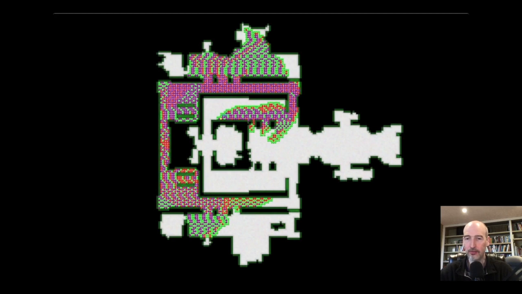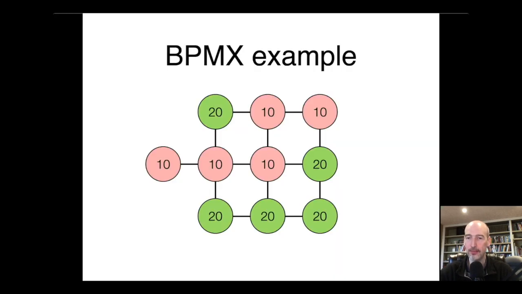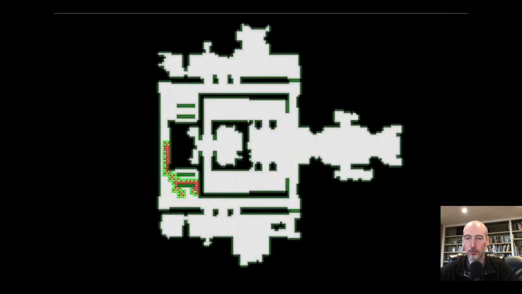However, as we covered a few lectures ago, we learned about BPMX, and BPMX basically allows us to take these high heuristic values and propagate them to neighboring states. So all these 10s become 19 because they're neighbors of states with a heuristic of 20. Now if we go back to the same instance and search with BPMX enabled, we still, because of inconsistency, may do some re-expansions, which are the purple states here.